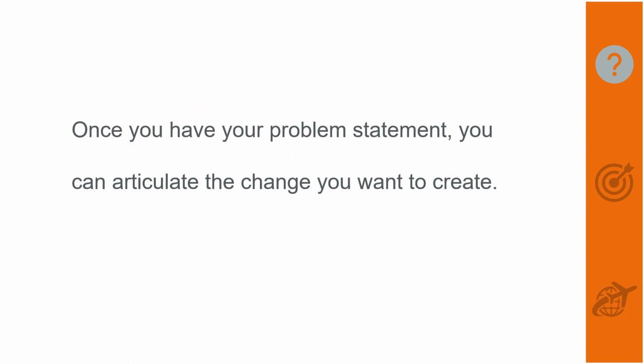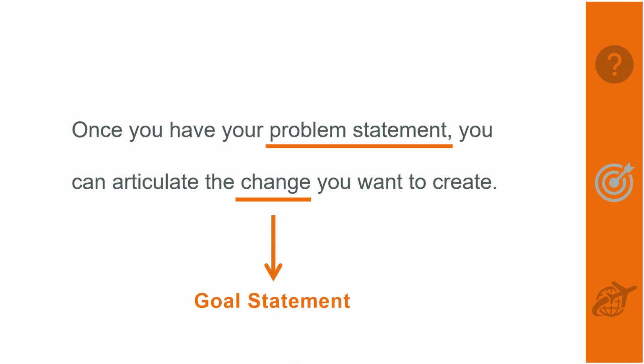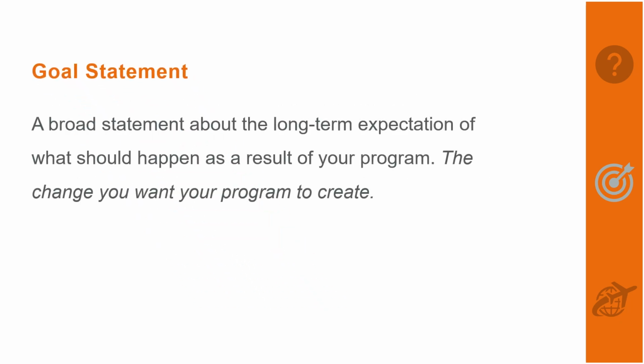Once you have your problem statement, you can articulate the change you want to create. This is our goal statement. A goal statement is a broad statement about the long-term expectation of what should happen as a result of your program. This is the change you want your program to create.